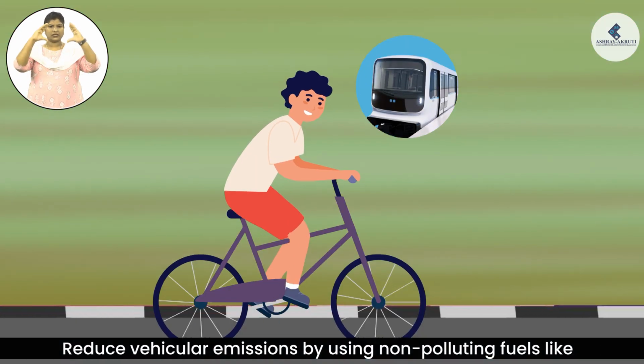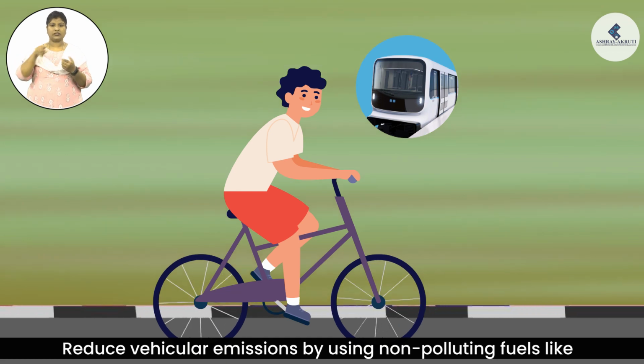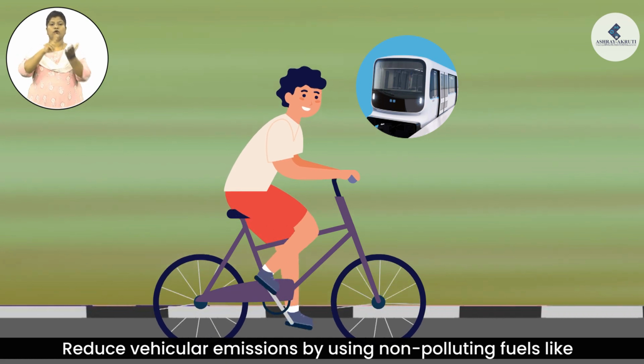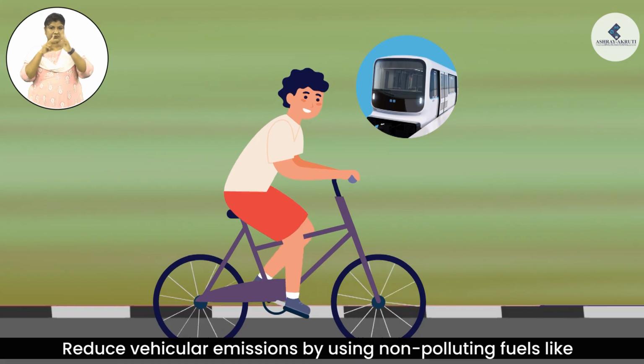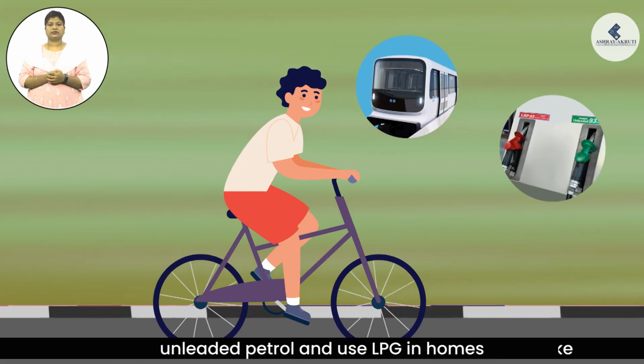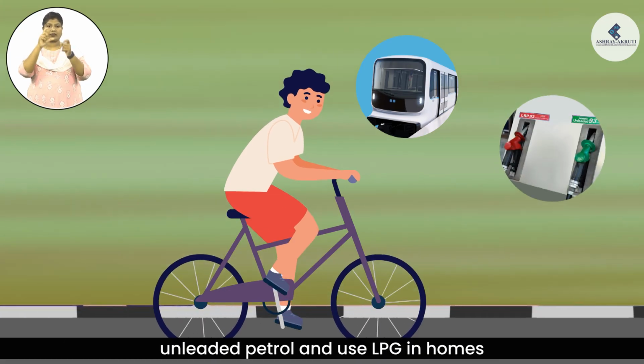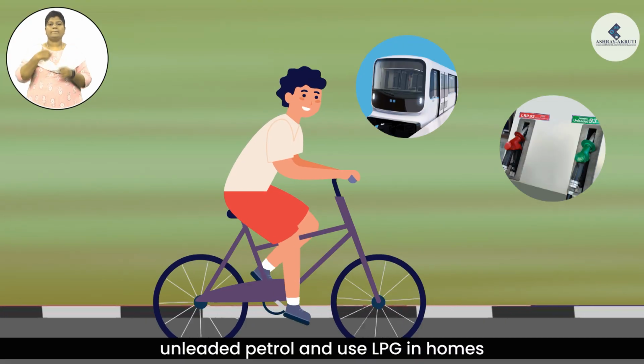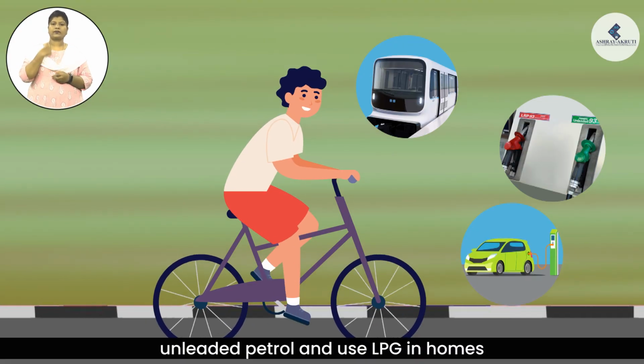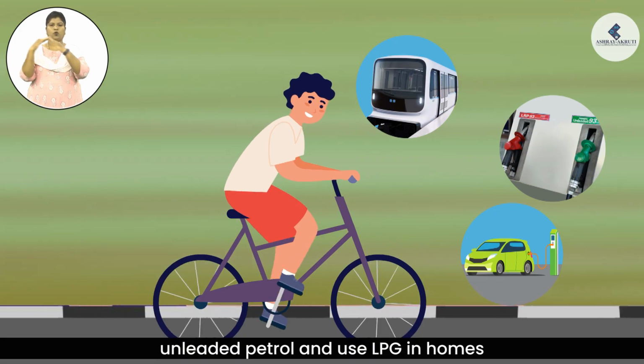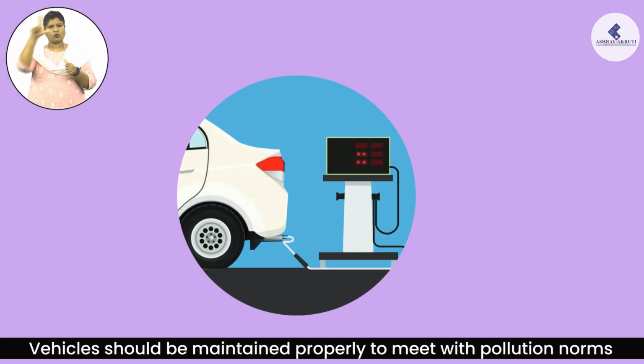Reduce vehicular emissions by using non-polluting fuels like unleaded petrol and use LPG in homes. Vehicles should be maintained properly to meet with pollution norms.